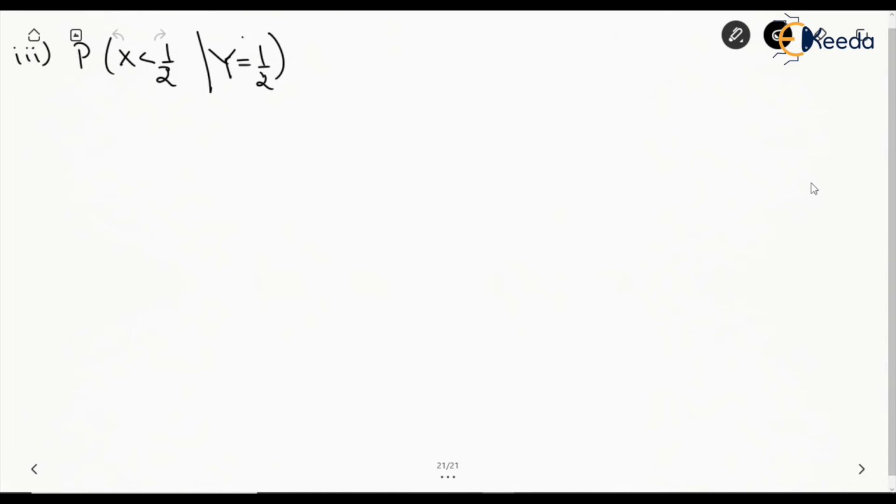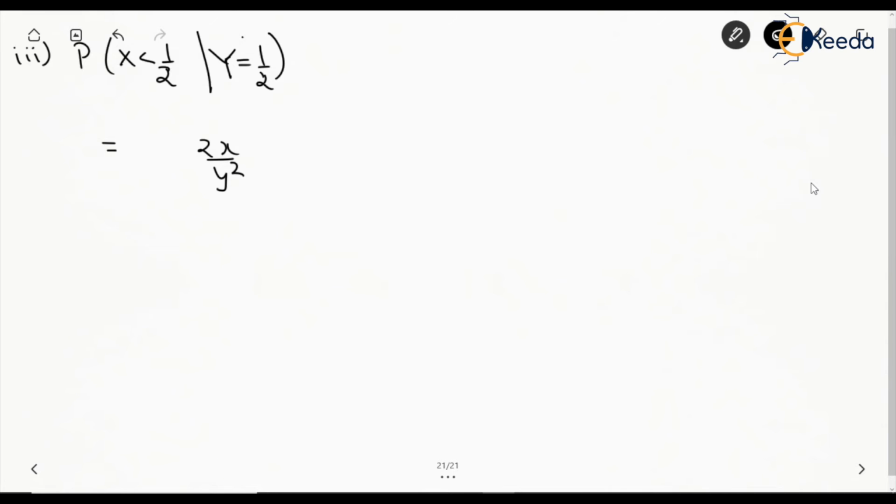So let's do this. This will be 2x by y square, and the value is for x. So what we can do is we can integrate and condition, let's put it here itself.